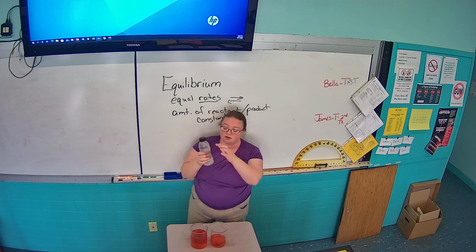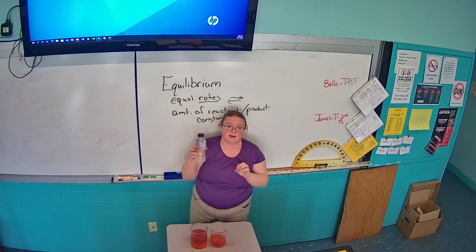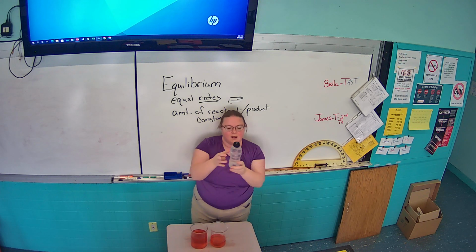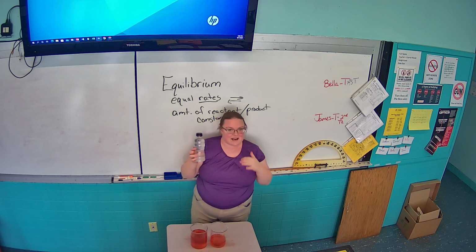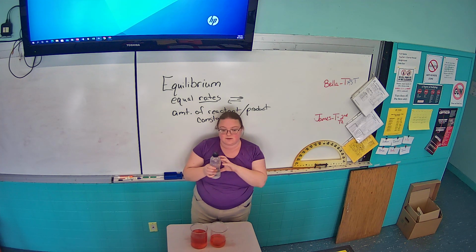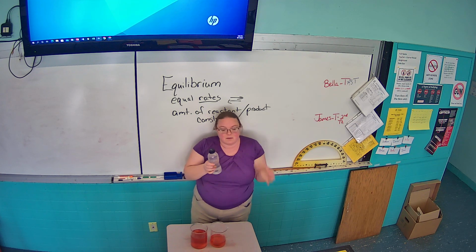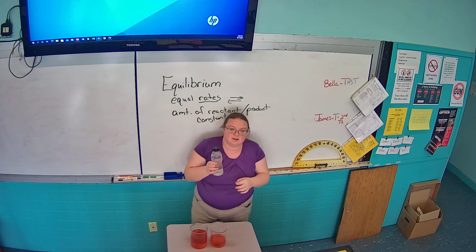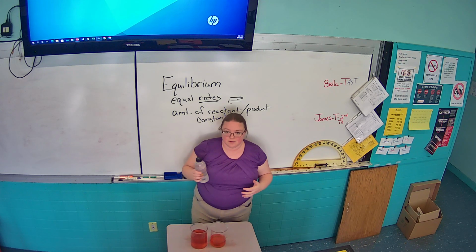So we know that this solution is a saturated solution of sodium chloride. But to say that none is dissolving anymore isn't entirely accurate. Some of this is actually dissolving, but at an equal rate, it's precipitating out of the solution. So I have a constant concentration of sodium chloride in the water, but the individual ions, some are dissolving and some are undissolving at an equal rate.